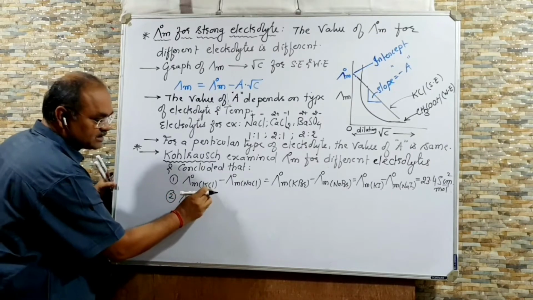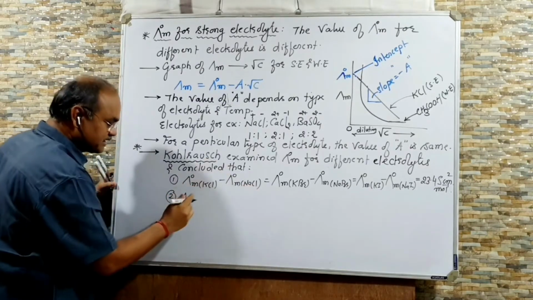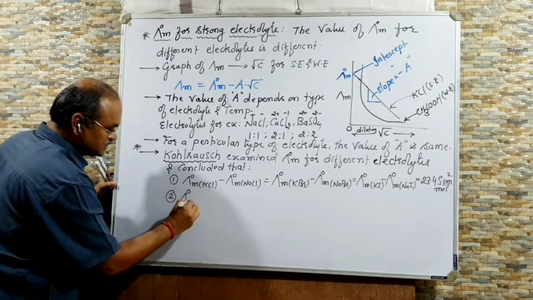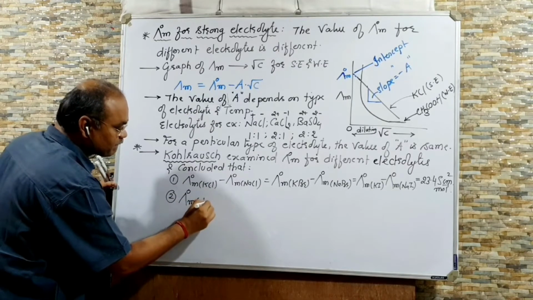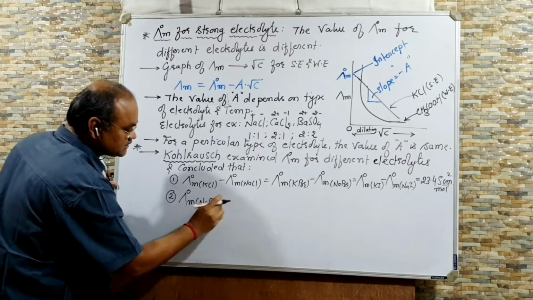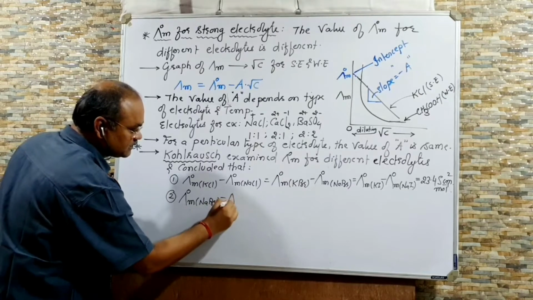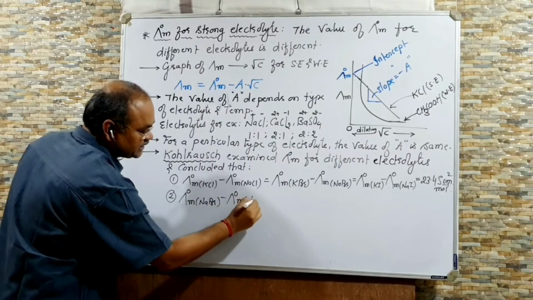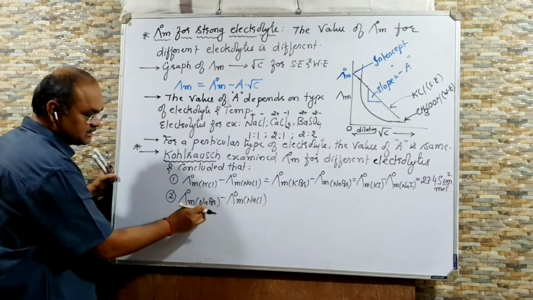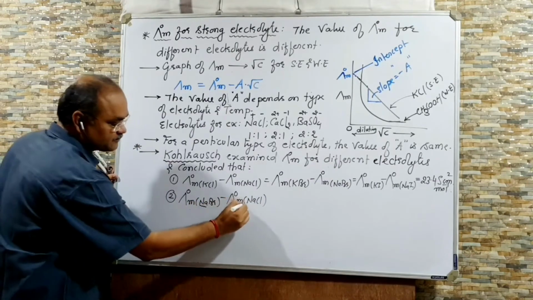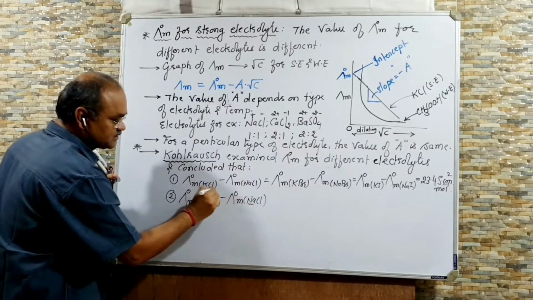This time, here the negative ions were same. Now we have taken positive ions same. Lambda 0 m NaBr minus lambda 0 m NaCl. This time you can see positive ion is same. Here negative ions are same.